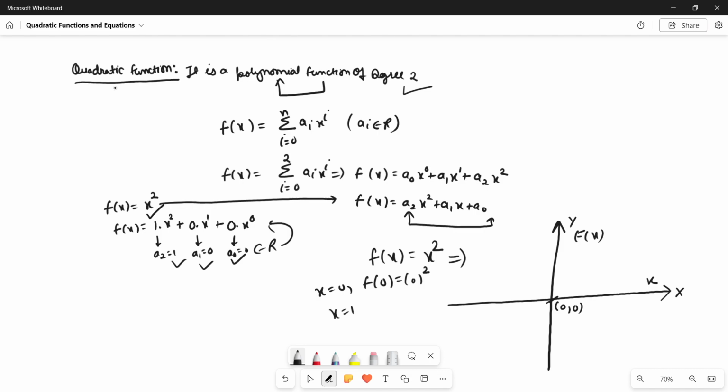Let's take x equals to 1. We will get f of 1, that is square of 1. Square of 1 is nothing but 1 again. So at x equals 1, we got y equals 1. So we'll get this point as 1 comma 1. At x equal to minus 1, we will get f of minus 1 as square of minus 1, that is also 1. So this point is nothing but minus 1 comma 1.